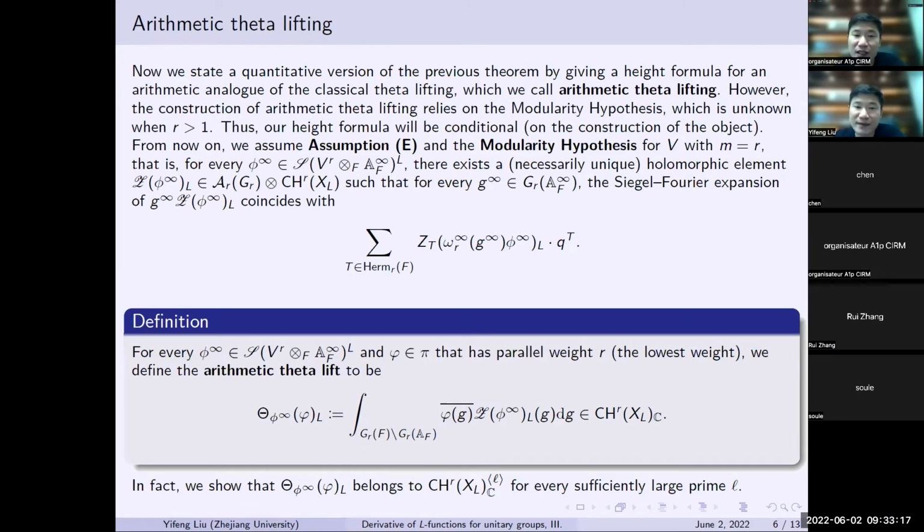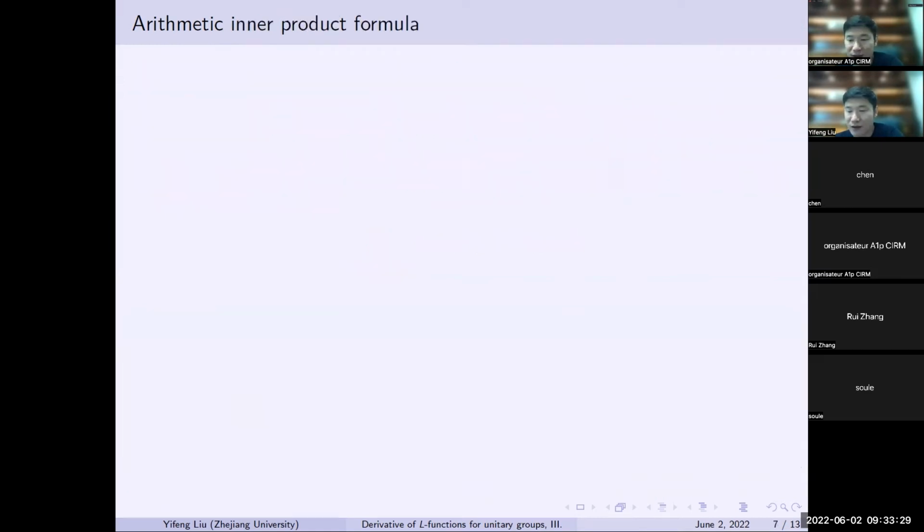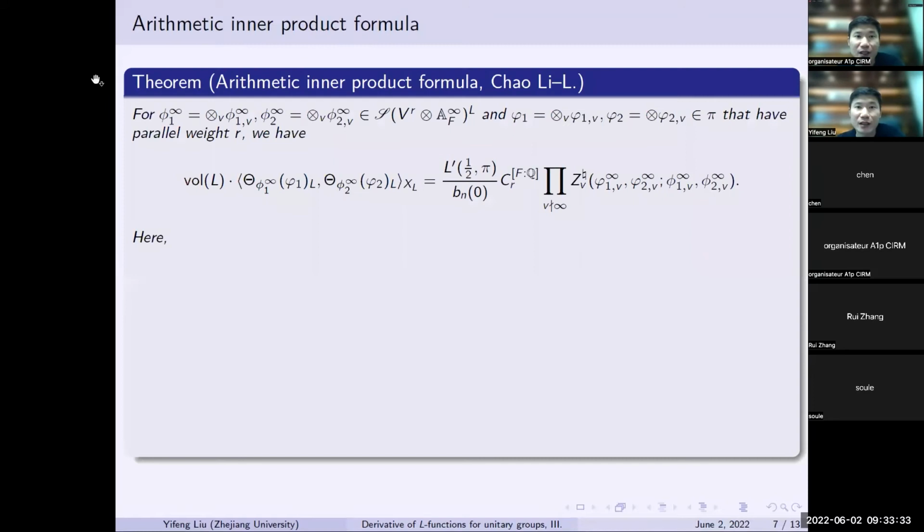We expect a formula concerning the Beilinson height pairing of two such arithmetic zeta lifts, a story parallel to Rallis's inner product formula, and we call this the arithmetic inner product formula. This is again joint work with Chao Li.